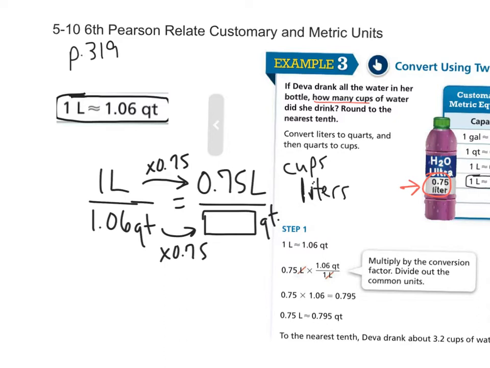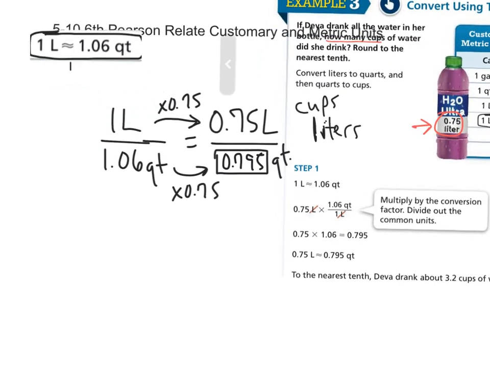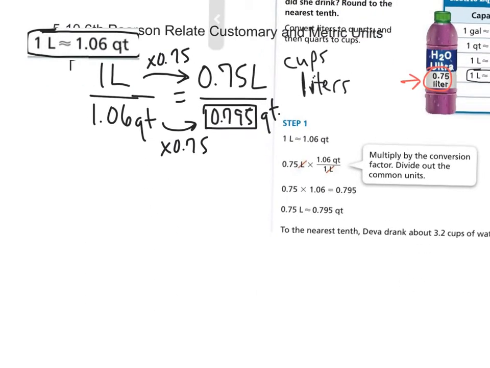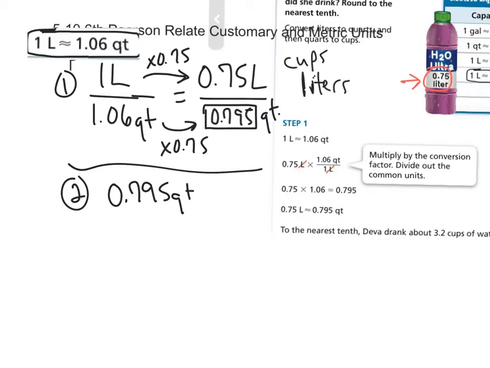So if you multiplied that, you can see in your book they got 0.795. So 0.795 quarts. Now remember, we're not done yet. We've got 0.795 quarts. We're trying to figure out how many cups that is.